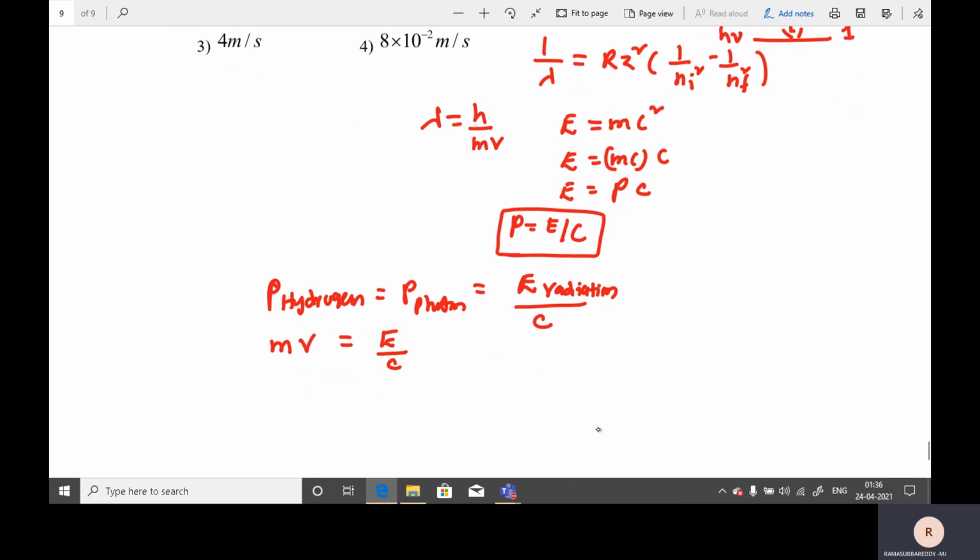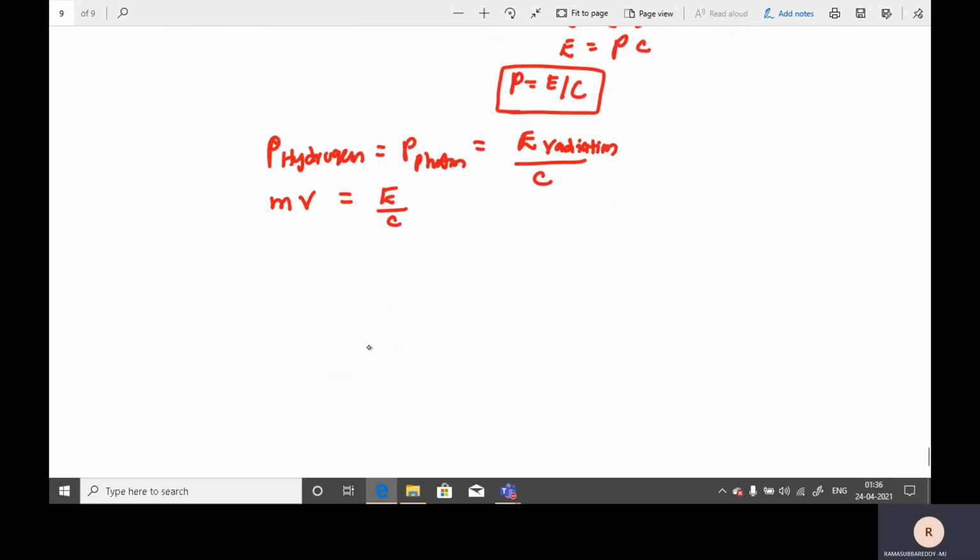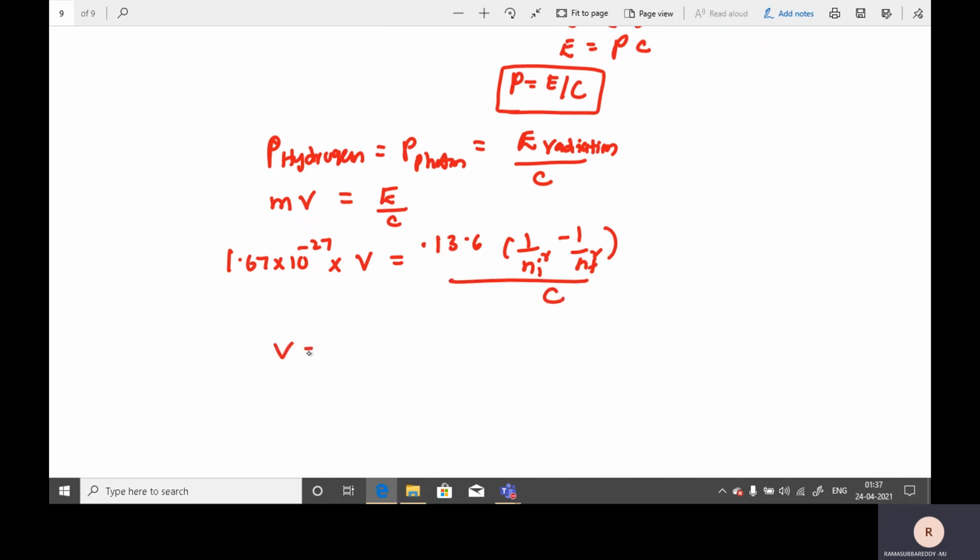Here the energy is from 5 to 1, and the mass of hydrogen is nothing but the mass of proton, 1.67 into 10 to the power of minus 27. We need to find v, the recoil velocity, and E is 13.6 into 1 by ni square minus 1 by nf square, divided by c. Then v is equal to 13.6, here z square, z is equal to 1.